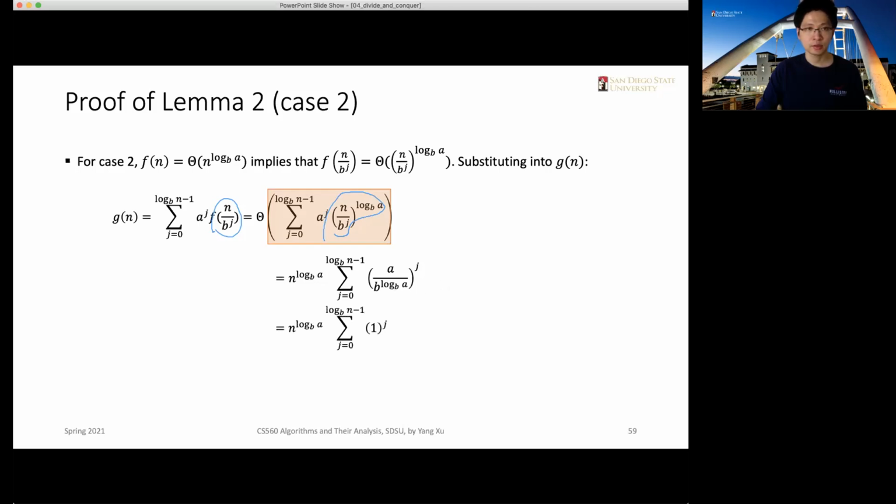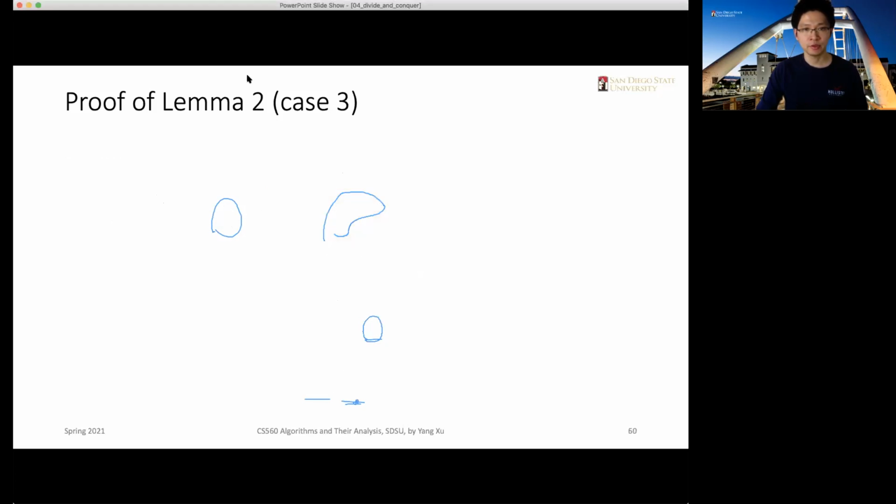And the good news is that it's a special geometric series that we have all ones. It's basically the form of polynomial term times some logarithm term. So case 2 is also proven, and case 3 we basically do the same thing, but with some additional regularity conditions.